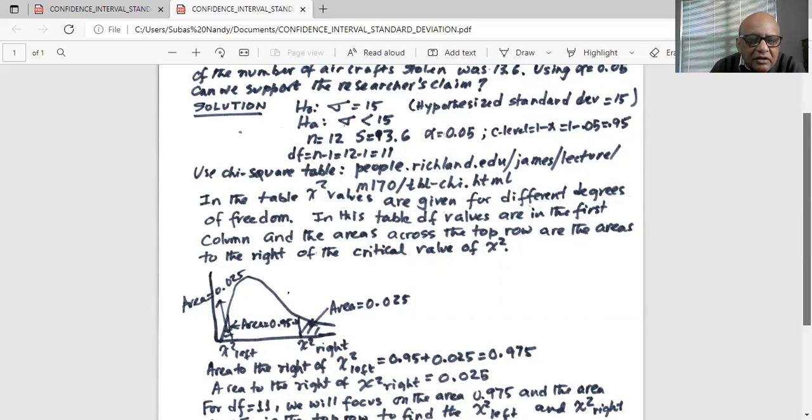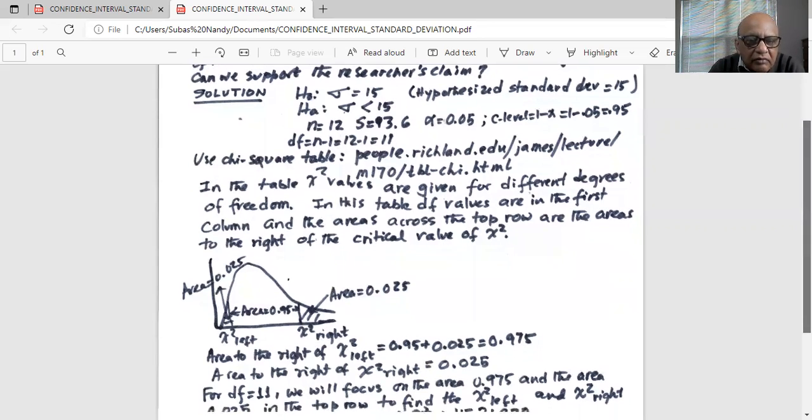That is my confidence level of 95%. So the remaining area in the two tails is alpha, which is 0.05, equally distributed in the two tails of the distribution. So the area of the left tail is 0.025, and the area of the right tail is also 0.025.